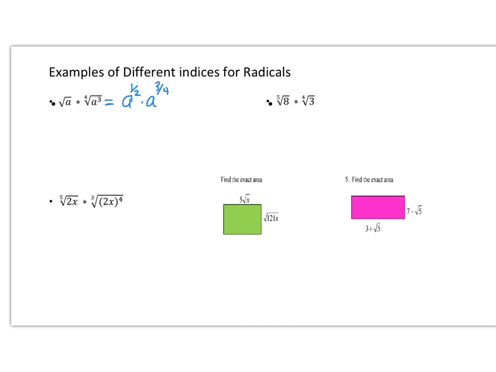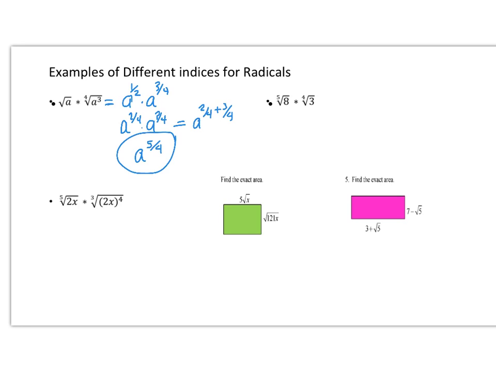The next idea is to change a to the 1/2 into a to the 2/4, times a to the 3/4. That's just going to be a to the 2/4 plus 3/4, so we end up with a to the 5/4. That's the answer that we get.